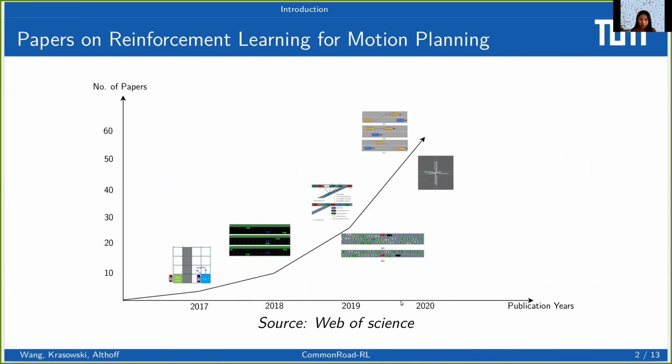However, each paper evaluated their methods on their own platforms and on different traffic scenarios, which makes it very difficult to compare different methods. This was why we developed CommonRoad-RL. Our goal is to bridge the gap between our existing benchmarking platform, CommonRoad, and reinforcement learning research.